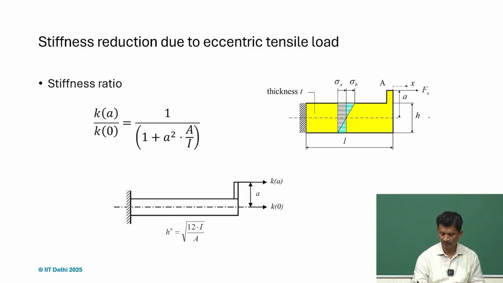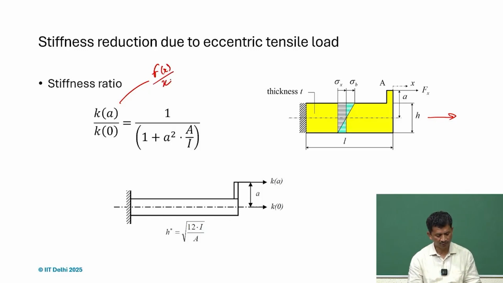And when we try to compare, what if A is 0? When it's acting at this point, that is K naught, and Ka is the Fx over the displacement. So if we try to find the relationship, that is the stiffness ratio we get.